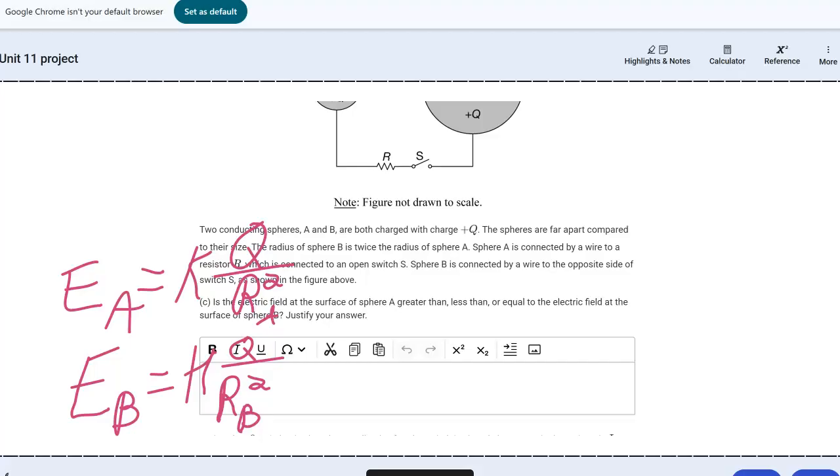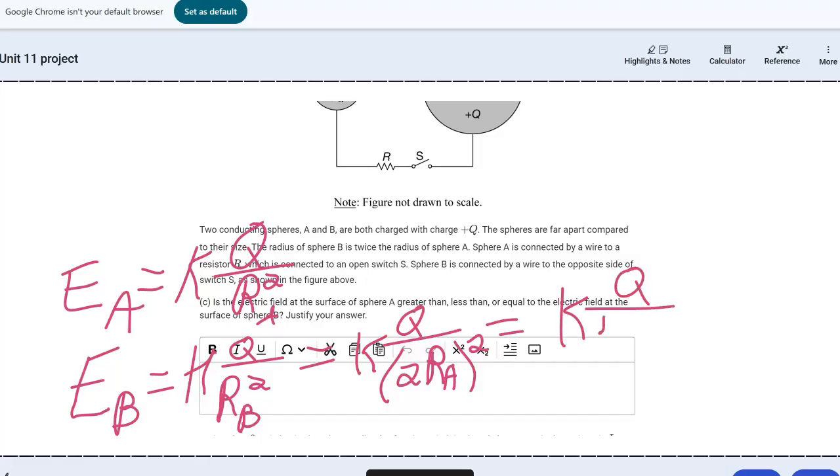And our R B squared equals 2 R A squared, and that's going to be KQ over 4 R A squared.